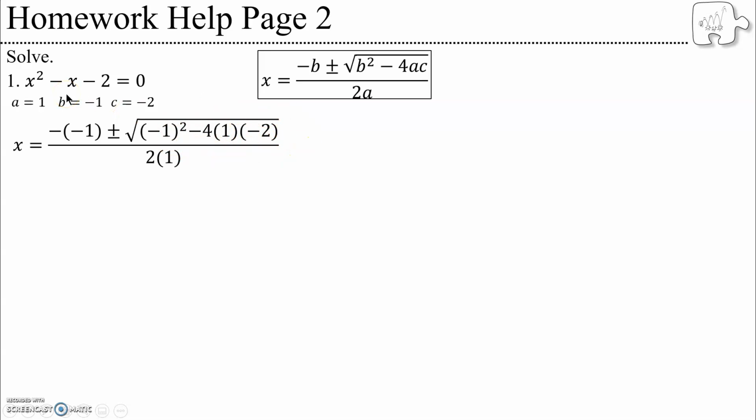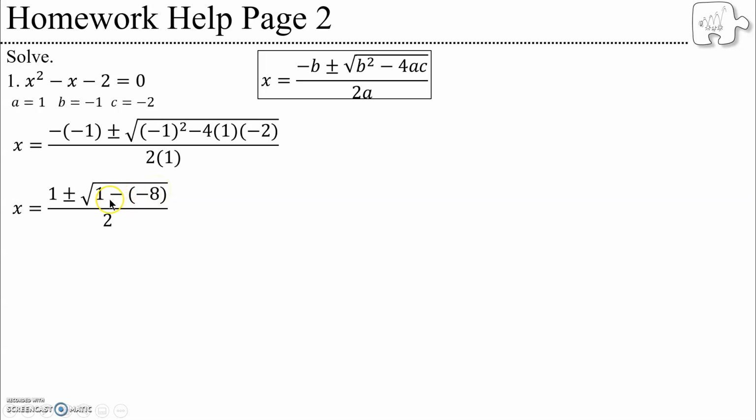So, moving on, the opposite of negative 1 is positive 1, right, plus or minus. Negative 1 times negative 1 is 1, 4 times 1 is 4, and 4 times negative 2 is negative 8, and 2 times 1 is 2. So now we're just going to change this 1 minus negative 8, right? The opposite of a negative is positive.